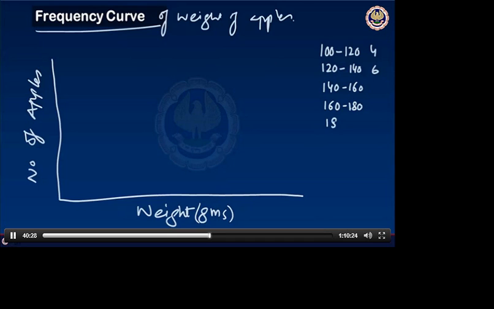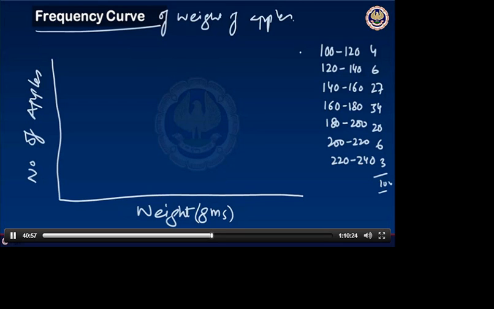Then we have 180 to 200. Then we have 200 to 220. Then we have 220 to 240. And the corresponding frequencies or number of apples are 4, 6, 27, 34, 20, 6, and 3. Altogether, it's 100. So there are 100 apples weighing between this.